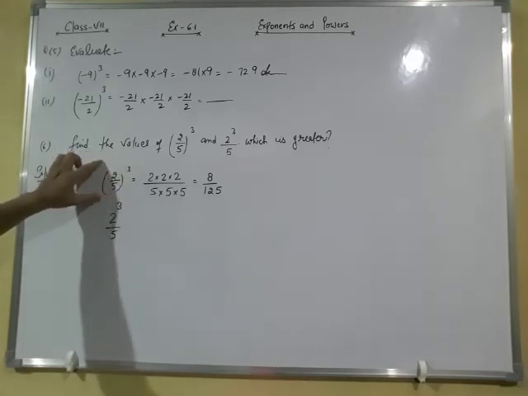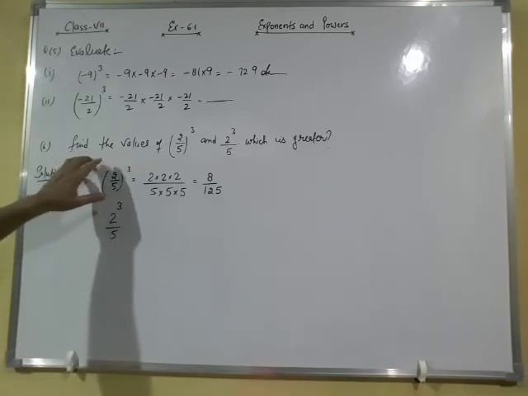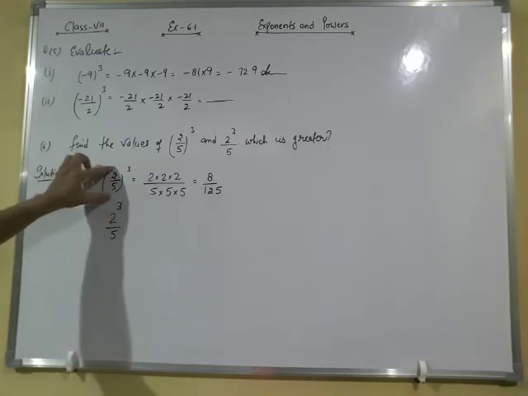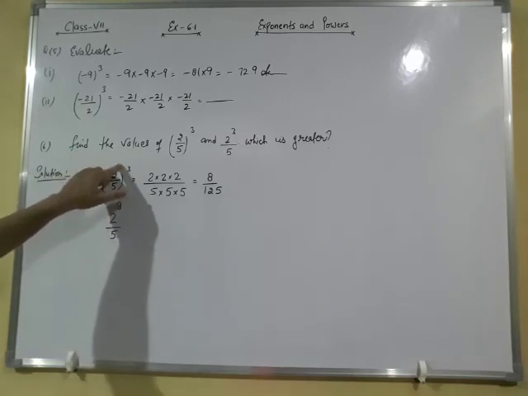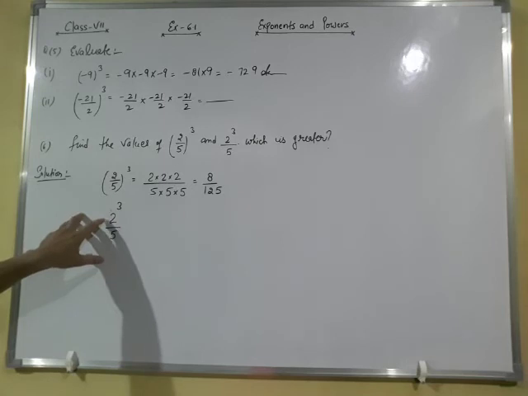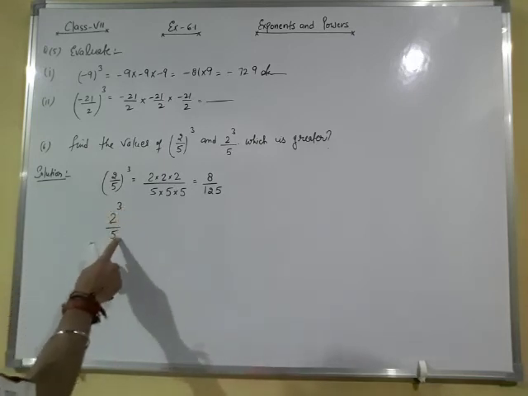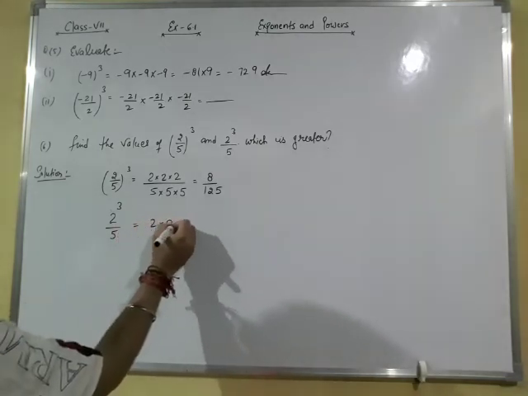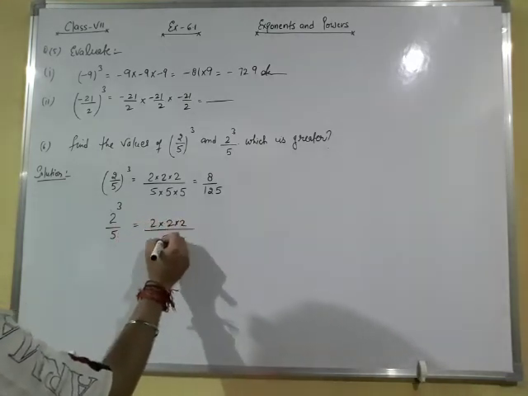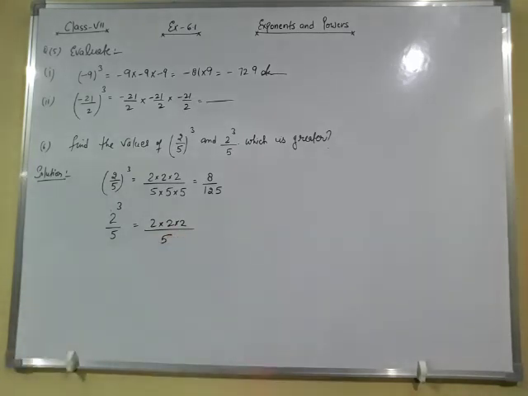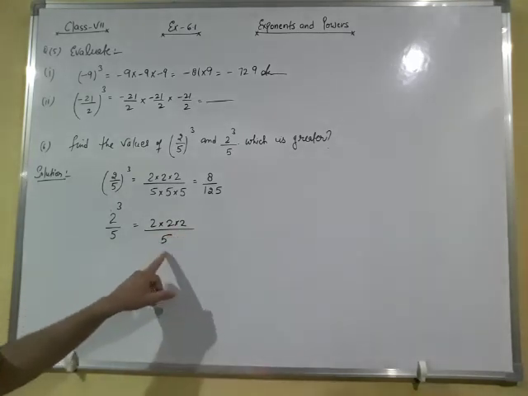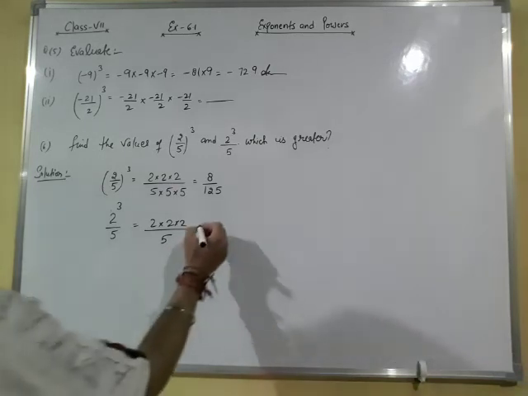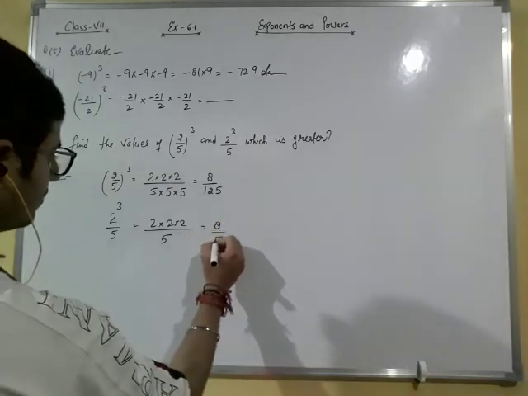This power is for both 2 and 5, because the power is on the whole, 2 upon 5 whole power 3, and here the power is only on 2. So this power will not work for 5. It can be written as 2 into 2 into 2 upon 5. We will not multiply 5 three times here. Okay, so it will be 8 upon 5.